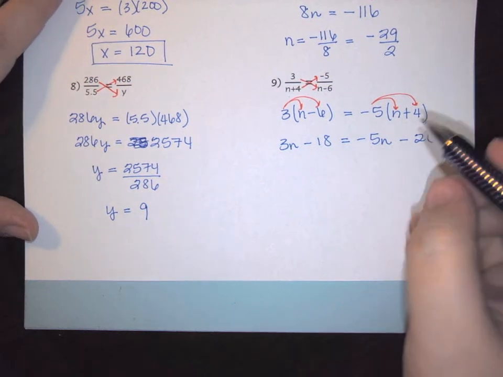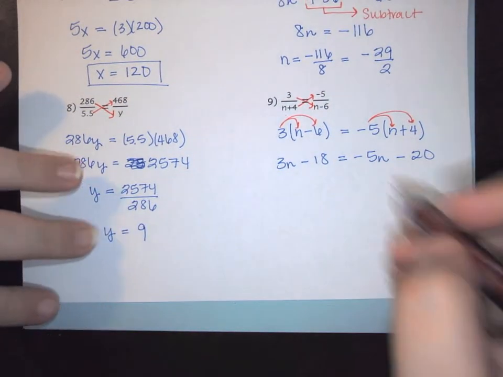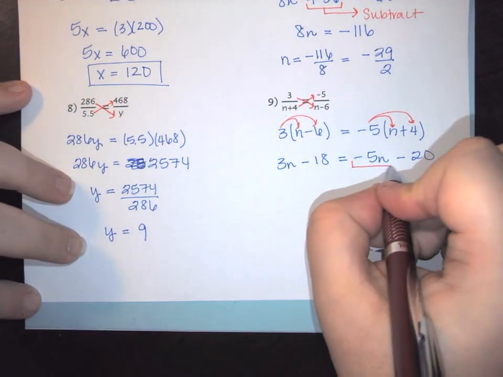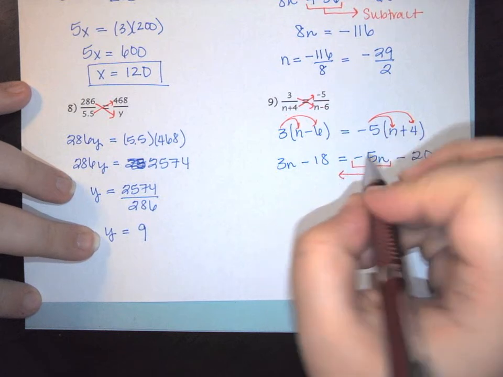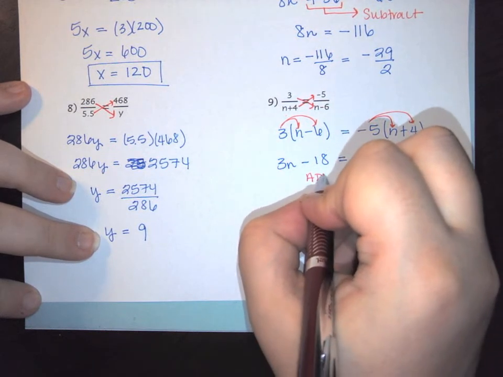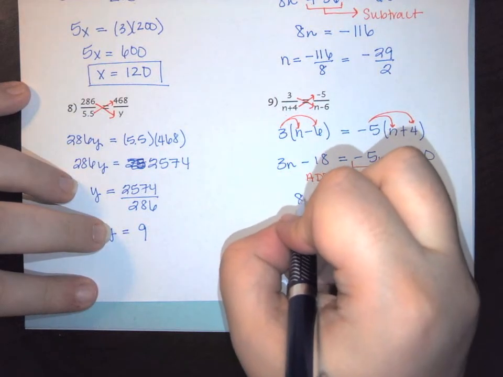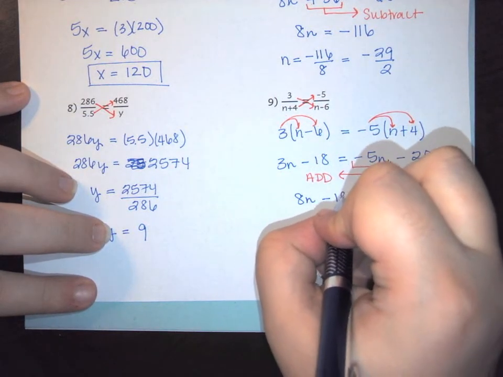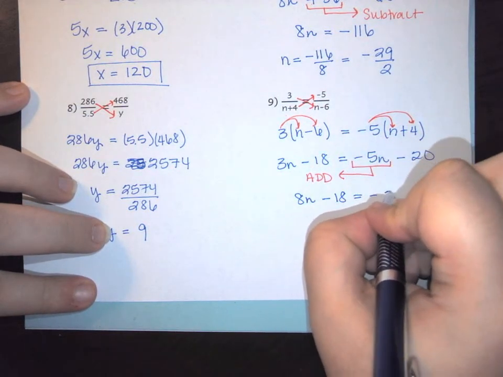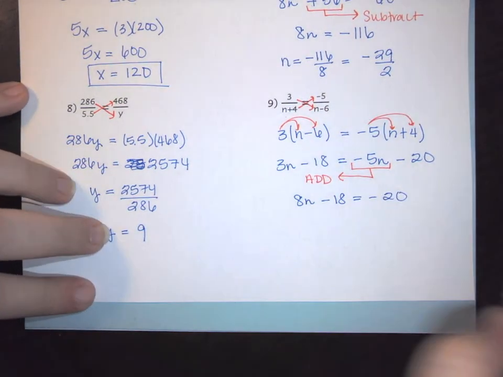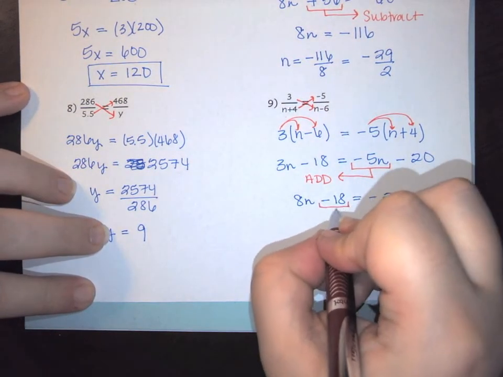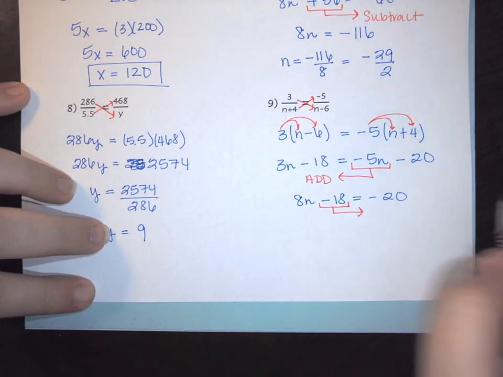I want to keep my variable positive to make life a little easier, so I'm going to take this -5 and move it. Because it's negative, I have to add. So we're going to end up with 8n minus 18 equals -20. I'm going to take my 18 and move it.